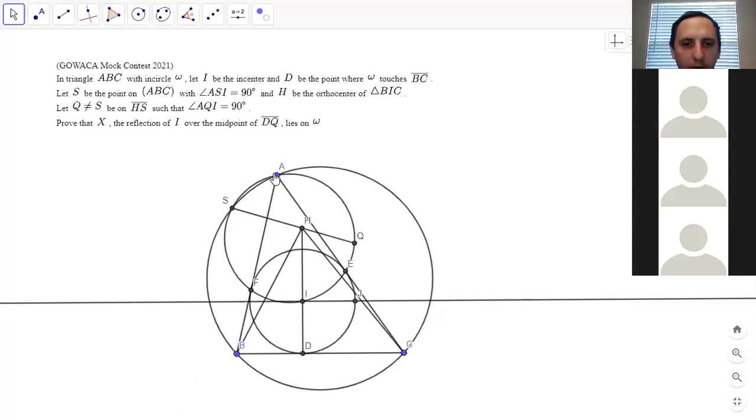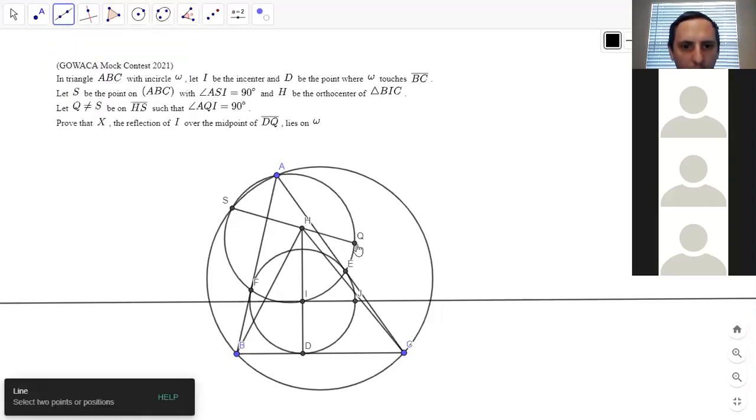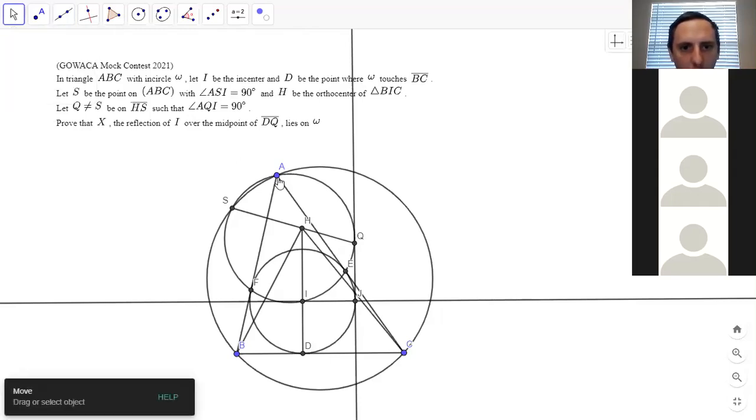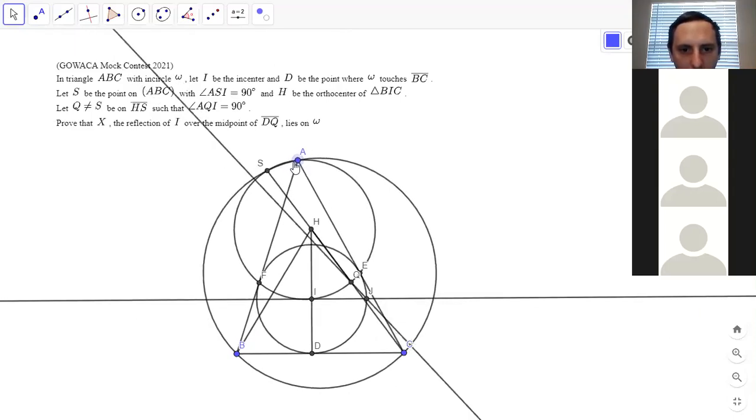Oh, not necessarily. I don't think it's necessarily point J, right? But it makes me wonder. Or is it? No, because now it starts to get slanted.